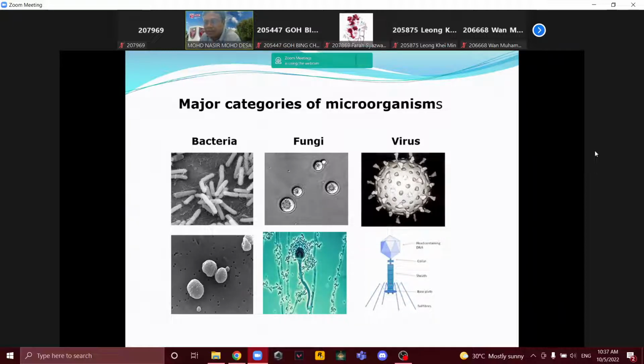We have DNA, but the DNA was first discovered in microbes. Then, of course, because microbes are living cells, we are also made up of living cells.